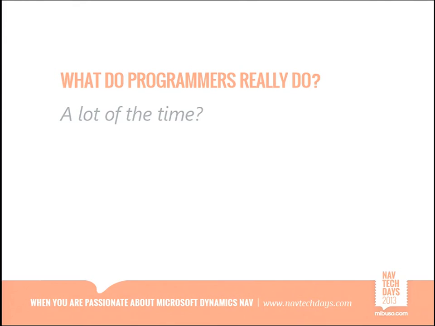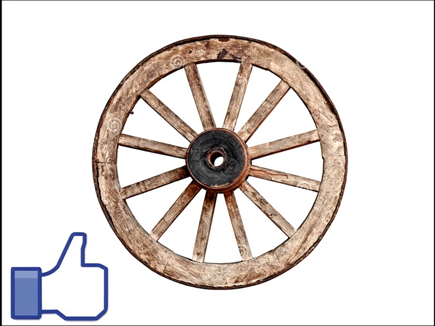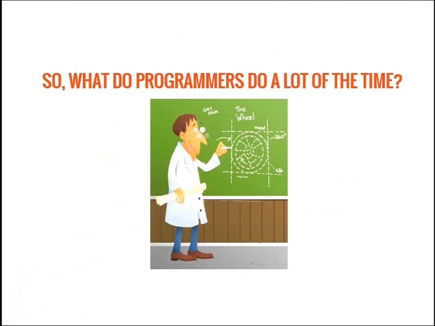There is one more thing that we do, but before I re-ask the same question, let me show you something. So we all know what this object is, right? It's a wheel. It's our friend, and it helps us come from point A to point B. It drives our cars, powers electricity, whatever. So a question for you. What do we do a lot of time? We reinvent the wheel. That's true. We do reinvent the wheel.